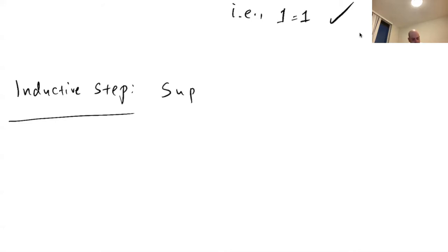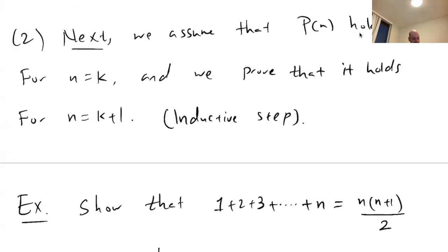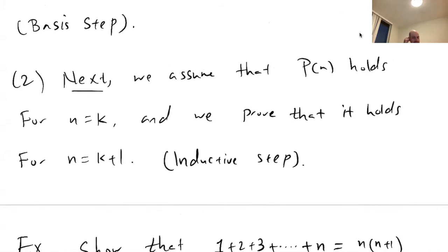So in the inductive step, as we explained, we have to assume that the statement holds for n equals k. That will be my assumption. And I will show that it will be true for n equals k plus 1.